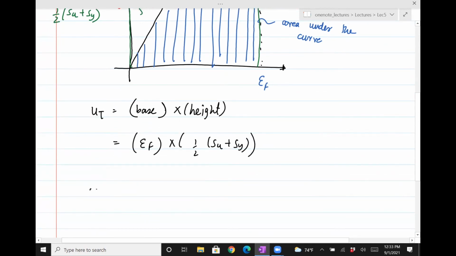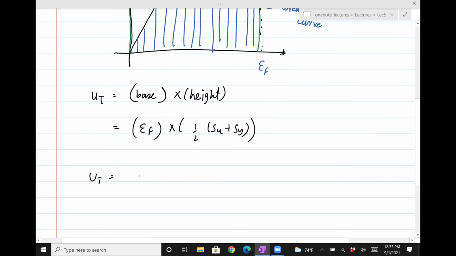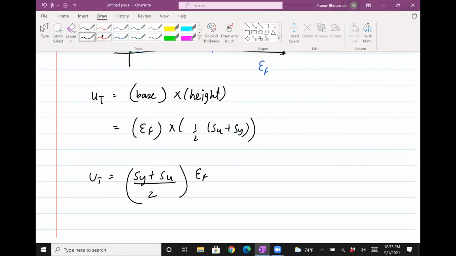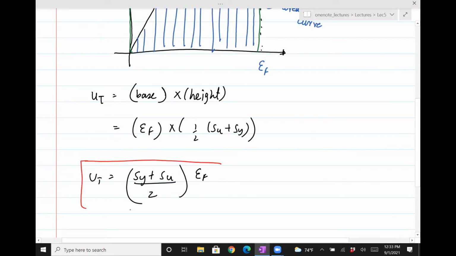And so the formula for U_T is (SY plus SU) divided by 2 times EF. As long as you do this consistently for all materials, you will get a consistent measure. So you don't really have to worry about the fact that it's a gross estimation of the area under that curve.